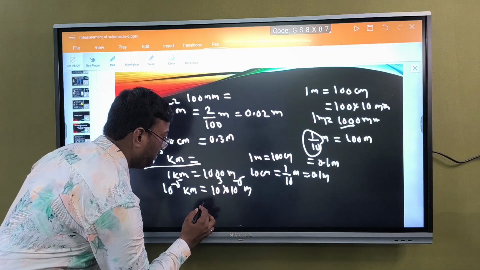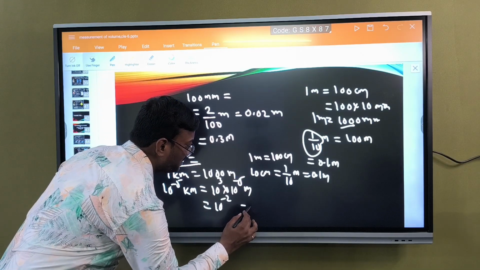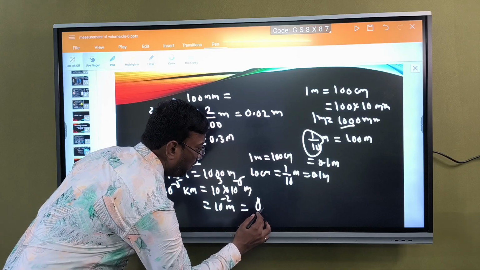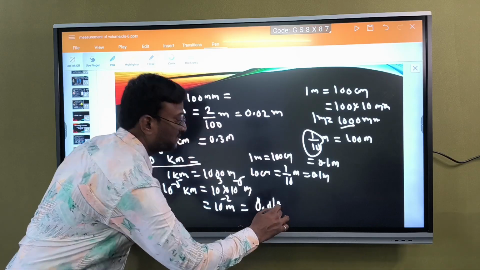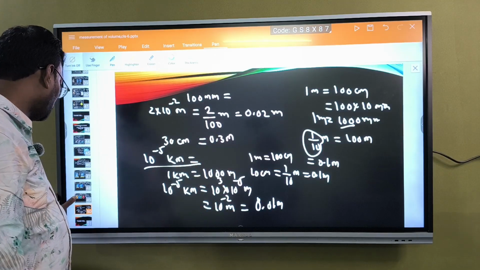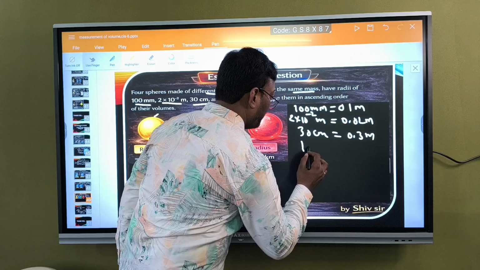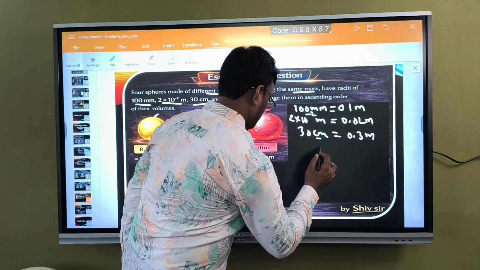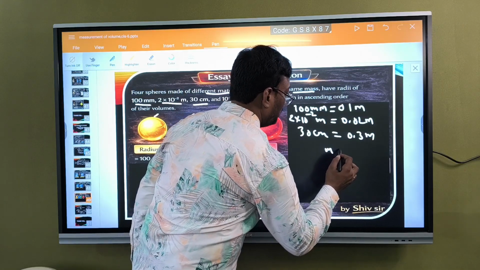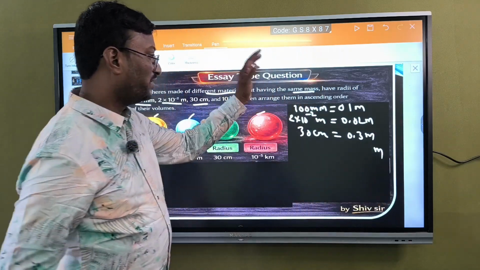Minus 5 plus 3 becomes 10 power minus 2 meters, which can be written as 0.01 meters. Likewise, we have to convert all the things, children. The fourth one, 10 power minus 5 kilometers, is equal to 0.01 meters, right? We have converted all.